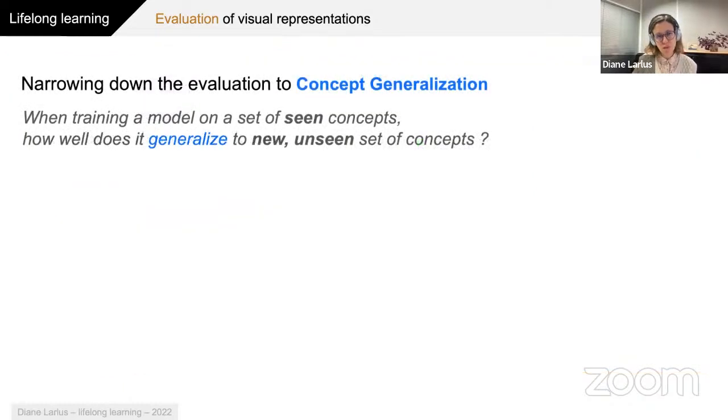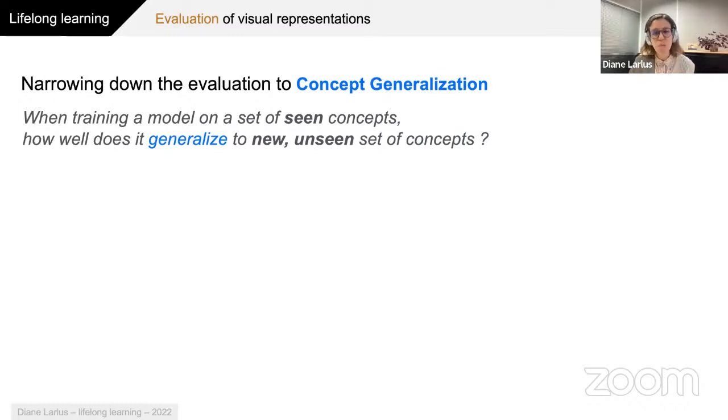So let's focus on a single aspect of generalization. Let's focus on generalization to new concepts. So we look at the question, when training a model on a set of seen concepts, so maybe we've seen all the animals in ImageNet, for example, how well does it generalize to new unseen sets of concepts?